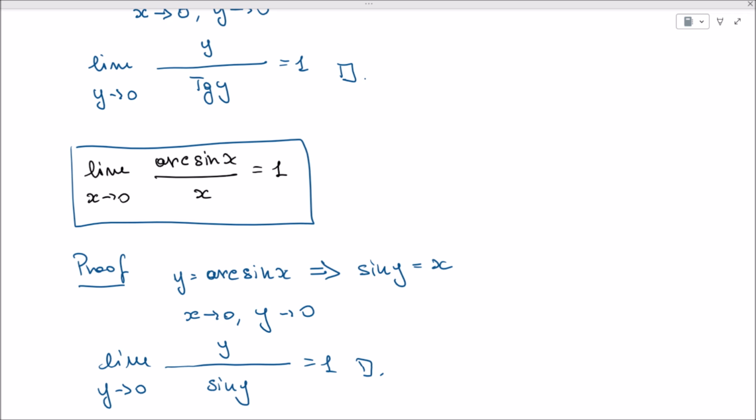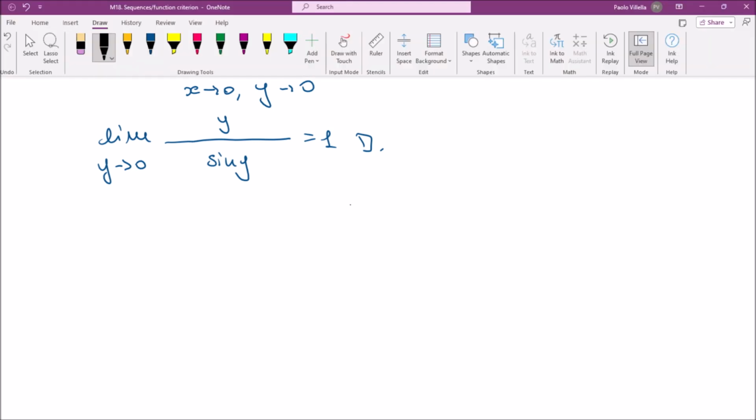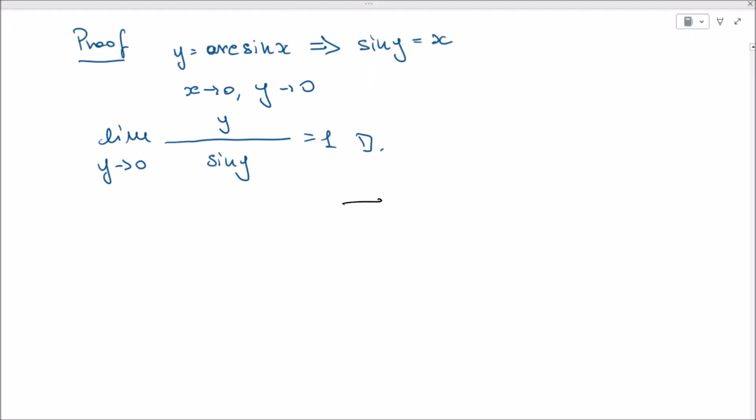Okay, so let's move now to another limit that was in the list of the fundamental limits. The limit as x goes to minus infinity of 1 plus 1 over x all raised to the x, which is clearly just another version of this limit that we have evaluated, right?